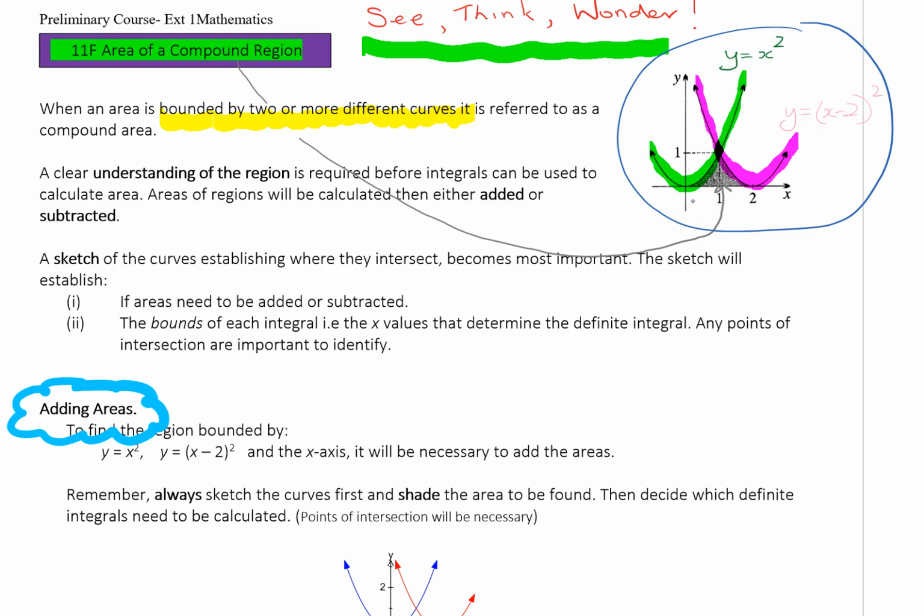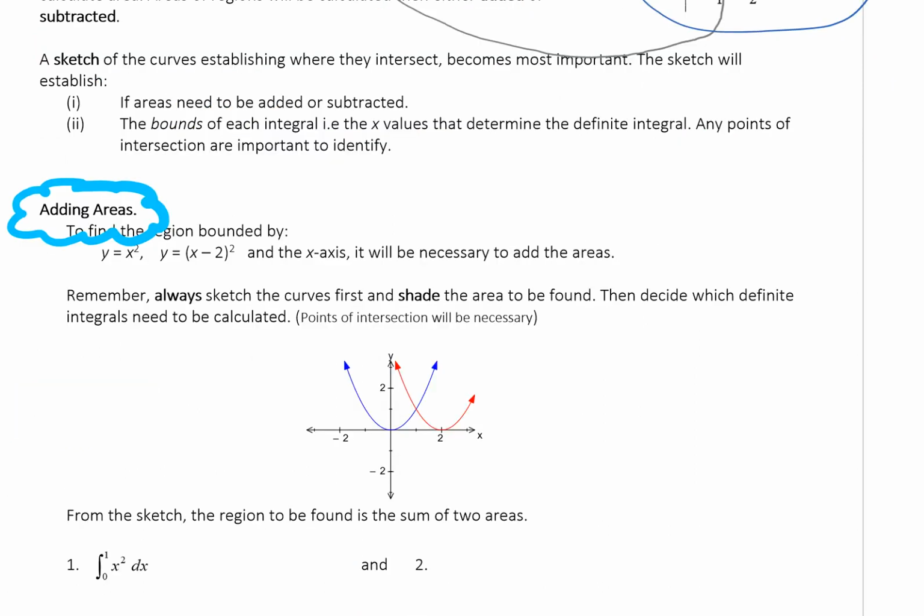So let's set up our integrals for the area, and before we can actually set them up completely, we have to find this point of intersection. What is the x value where x squared is equal to x minus 2 all squared?